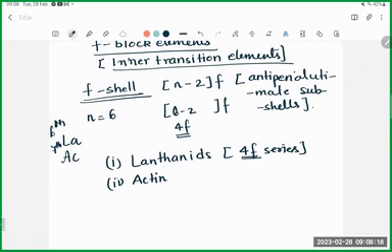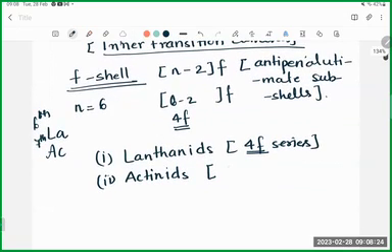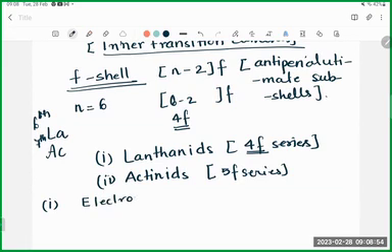This series has one extra period, the seventh, so 7 minus 2 will be the 5f series. So they are called the 4f series and 5f series. There are a total of 14 elements in each: lanthanum series contains 14, actinium series also contains 14. They make the lanthanide series and actinide series. Did you understand? Now we'll learn about the general electronic configuration, same as we have learned in the previous ones. First, we are going to learn how to write the general electronic configuration.